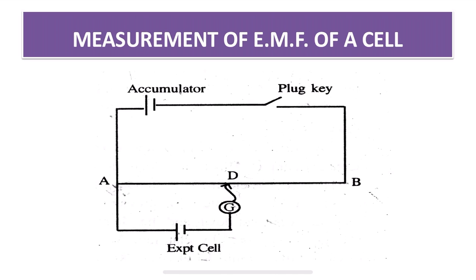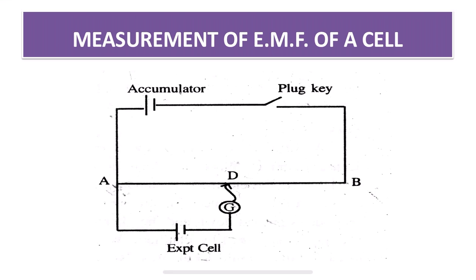So this is a schematic representation of the experimental setup. How we are going to construct this experimental setup is, to the end A, just like how we measured the resistance, in the same way with slight modifications we have made connections here.